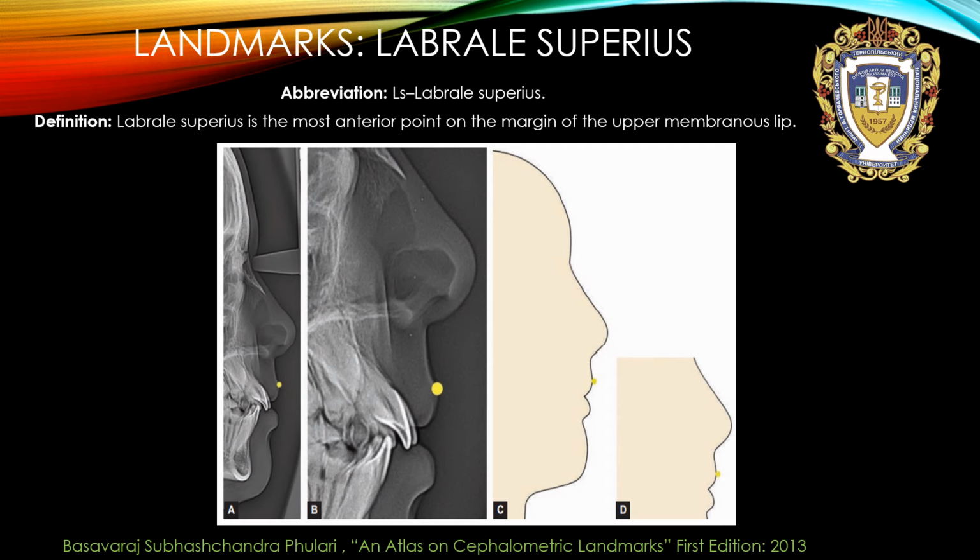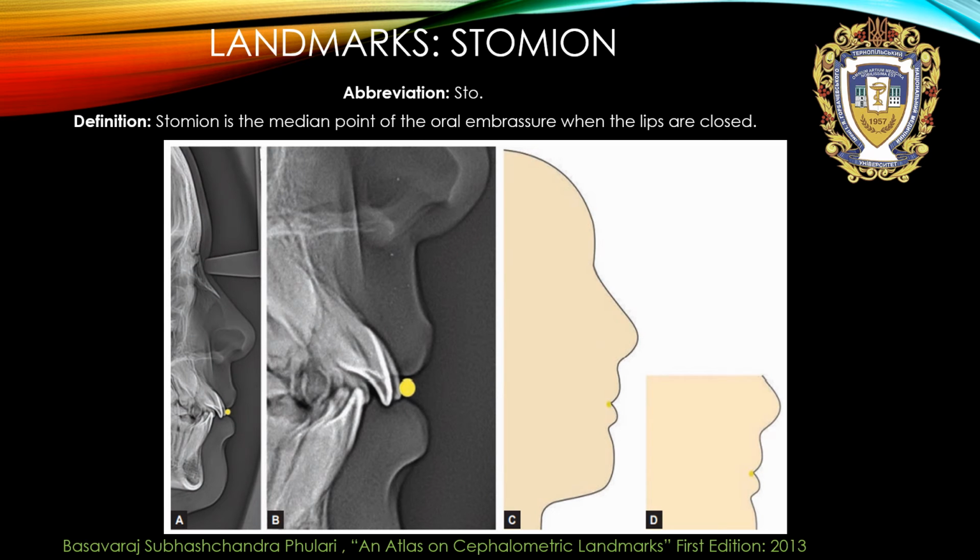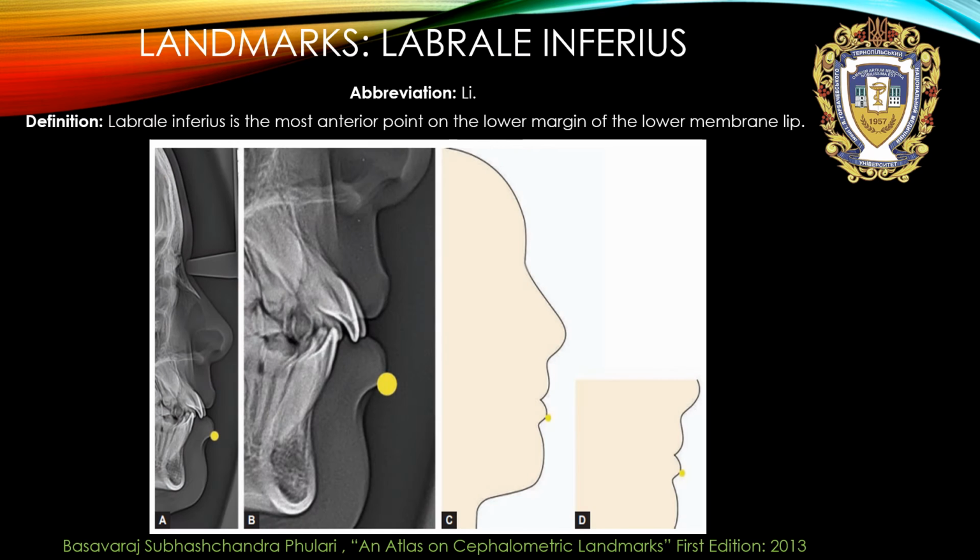Labrale superius is the most anterior point of the margin of the upper membranous lip. Stomion point is the median point of the oral embouchure when the lips are closed. Labrale inferius is the most anterior point of the lower margin of the lower membranous lip.